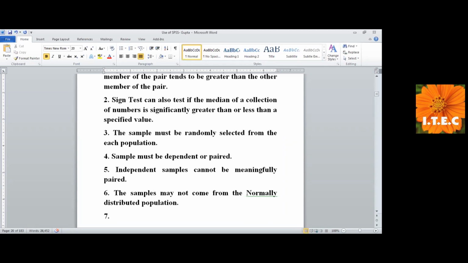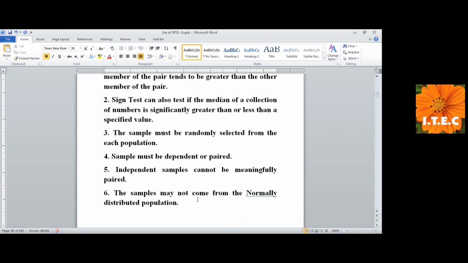So the meaning is that your sample may belong to the left tail or the right tail or left and right. It does not matter. So that is the meaning.